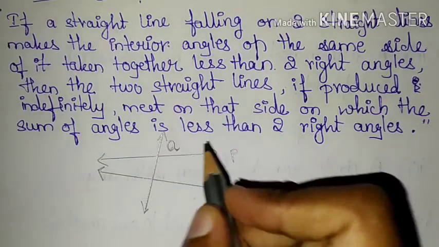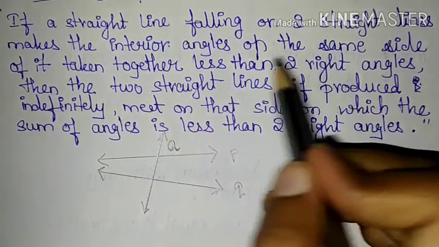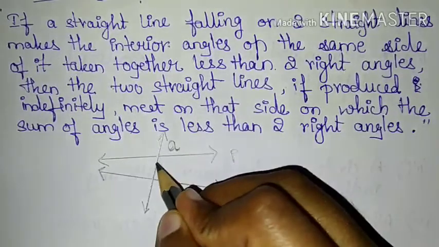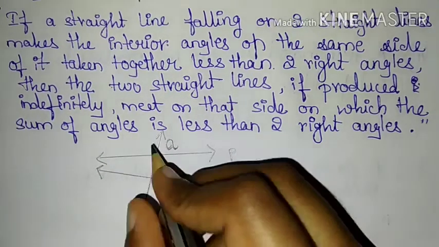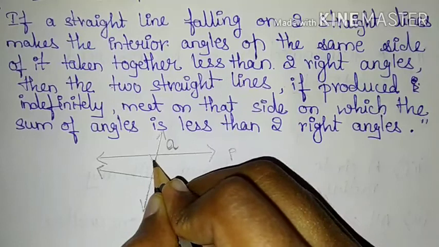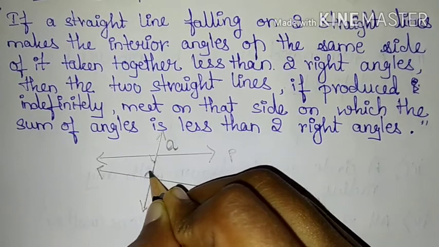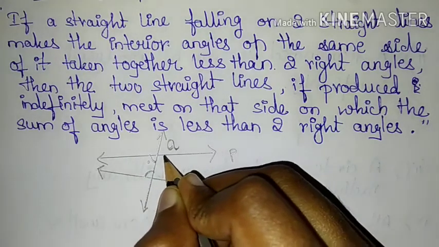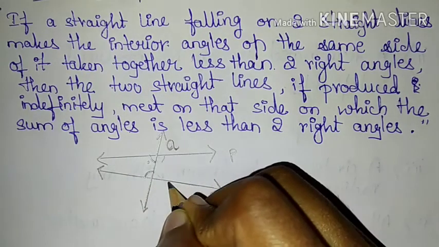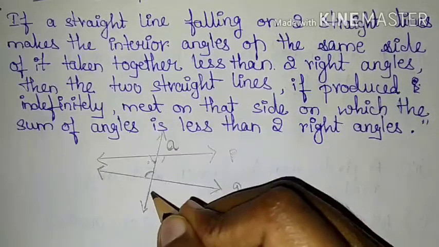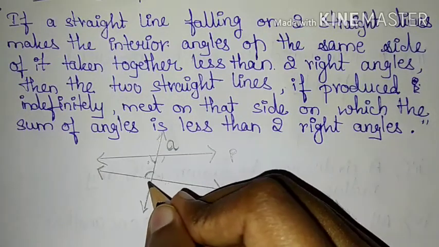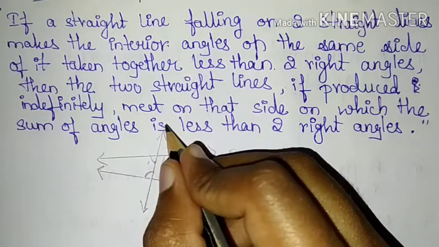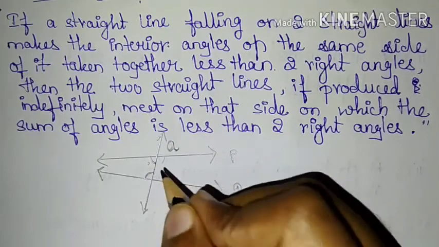Now the interior angles on the same side of A, these are the interior angles on the same side of the transversal. Even if the lines are non-parallel, the third line is called a transversal. There is no condition that the lines have to be parallel for the third line to be a transversal. Here line A is once again a transversal.